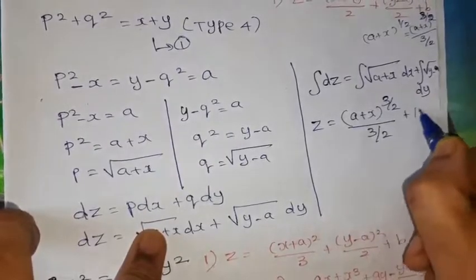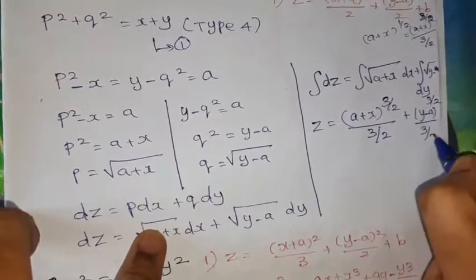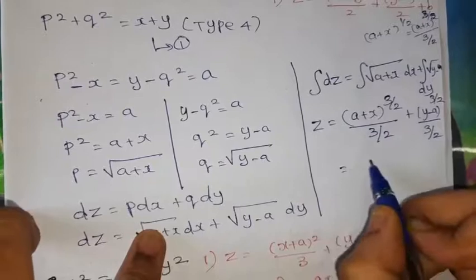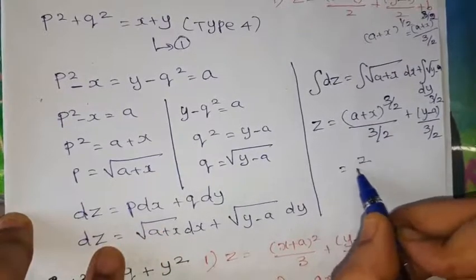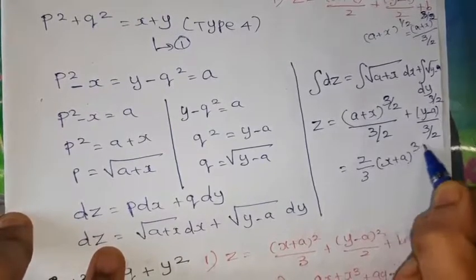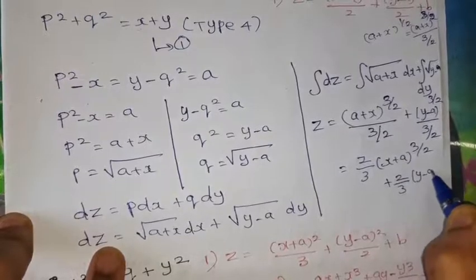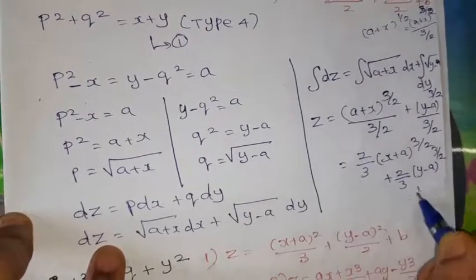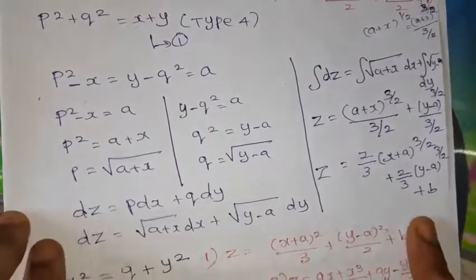Similarly, integrating this, (y - a) whole power 3 by 2 divided by 3 by 2. So dividing by 3 by 2 we can take 2 by 3. 2 by 3 into (x + a) whole power 3 by 2 plus 2 by 3 (y - a) whole power 3 by 2, and introduce some constant b when integrating.